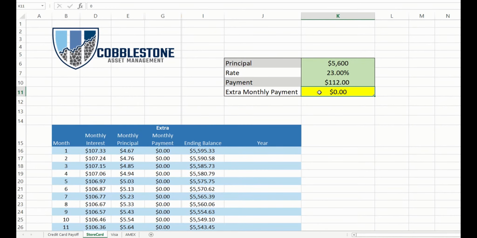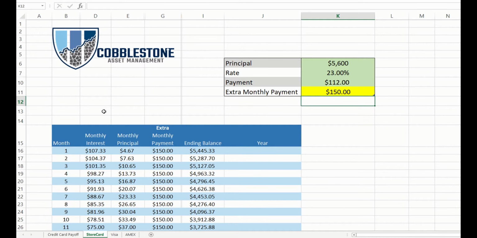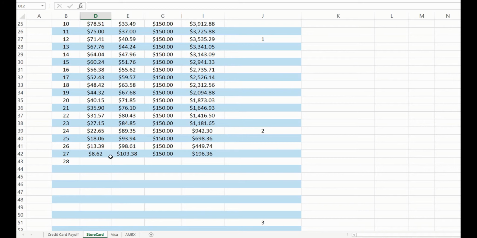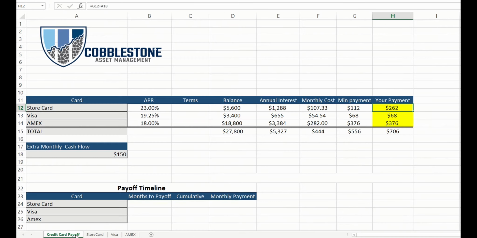Let's put our extra 150 on this card every month. And I'll briefly scroll down. You can see now in the 28th month, this balance gets to zero. So just over 2 years. Let's go back and track that. So we're 28 months into this. We made our monthly payment of $262.